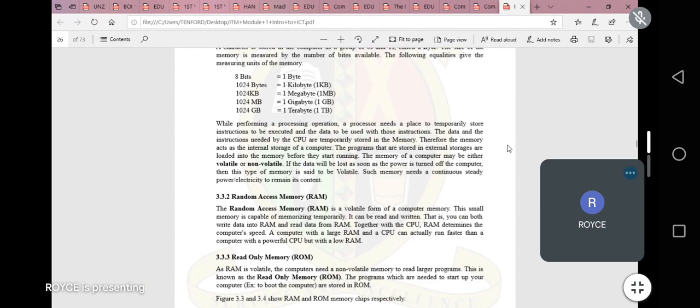There are different sizes of RAM. There's 2 GB RAM, and there are computers with even 1 GB RAM, but if you want a computer that's faster, maybe you can get 4 GB RAM, even 8 GB RAM, or 16 GB RAM. Then you know that this computer is fast.